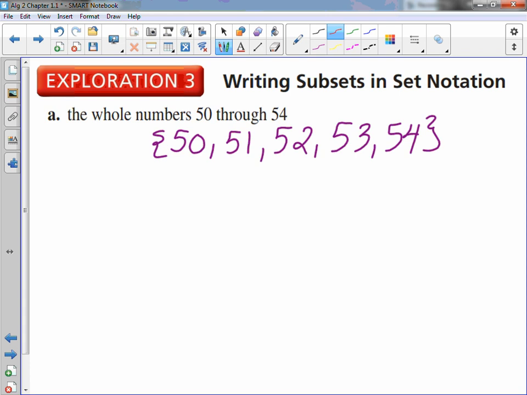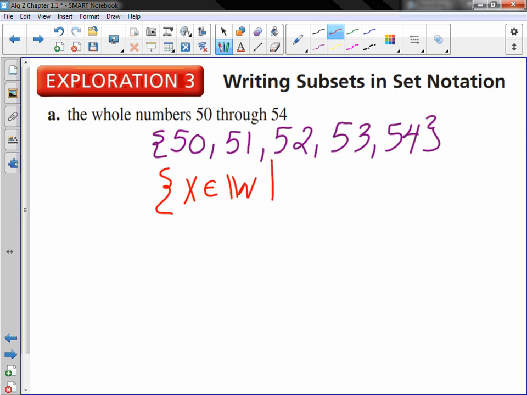Now, another way we can write it is our bracket X is an element. That little e looking thing is element. So what that's telling us is that X is an element of what type of numbers? So we'll use our fancy W, whole numbers.